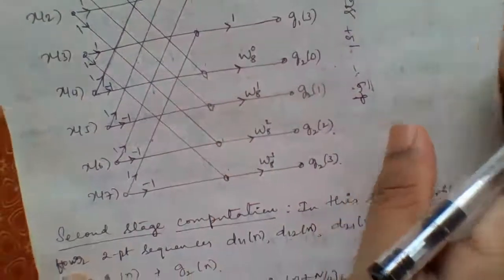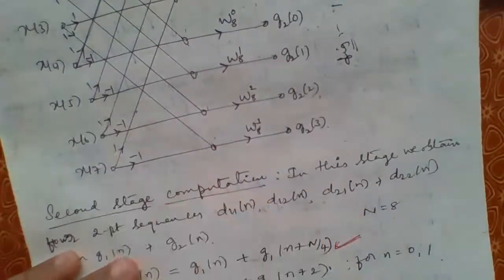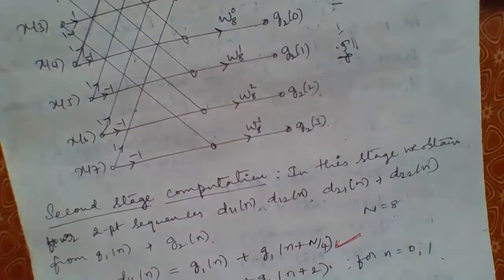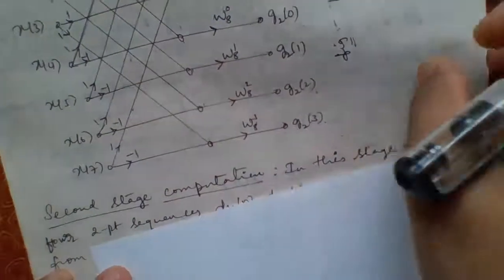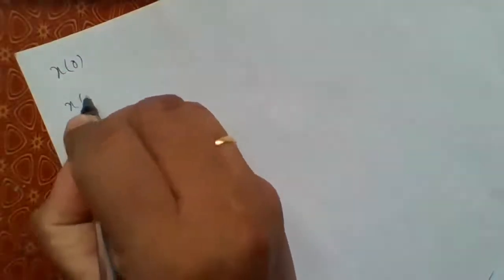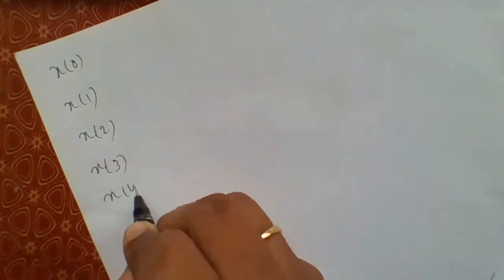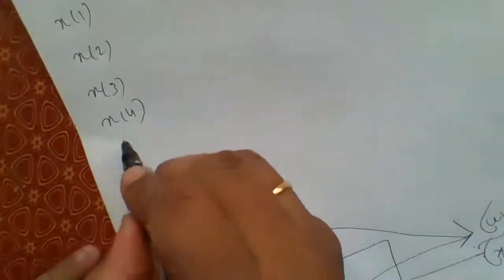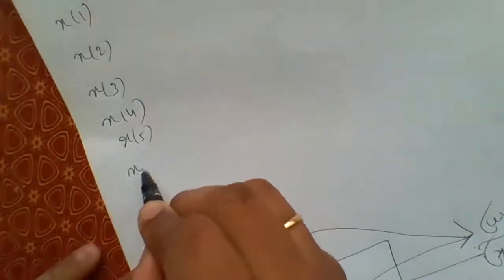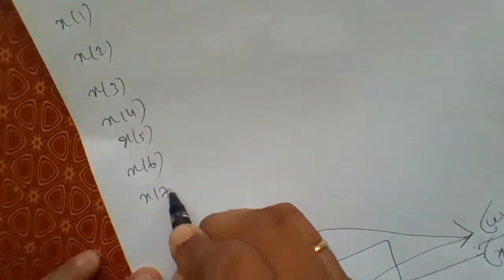So on the horizontal branches, you will have to draw the minus ones. So it will be like this. You have x of 0, x of 1, x of 2, 3, x of 4, 5, 6 and 7.